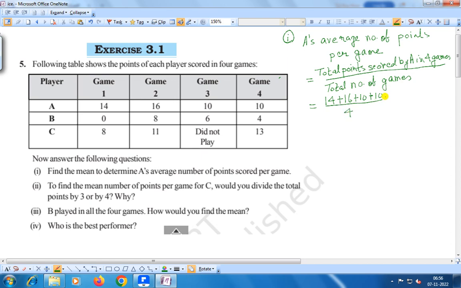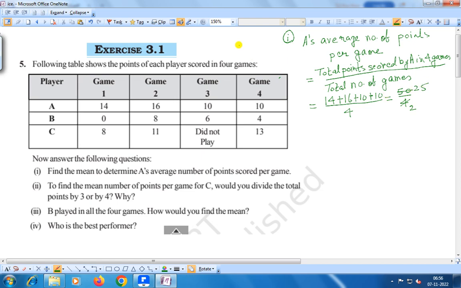Adding all the numbers, we get 14 plus 16 is 30, 40, 50. So it is 50 by 4.